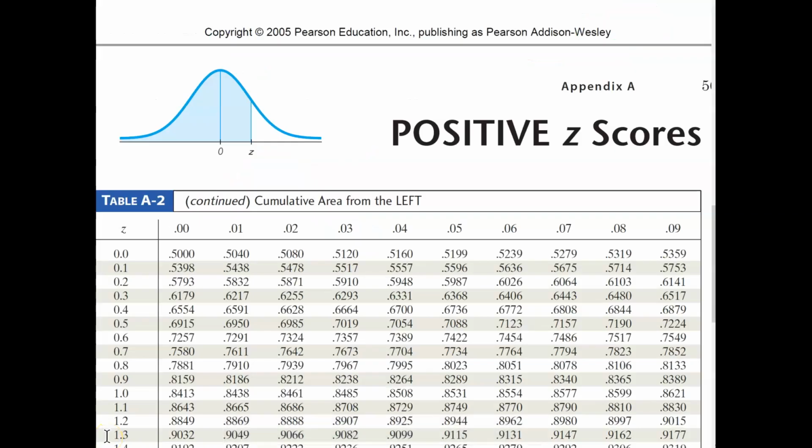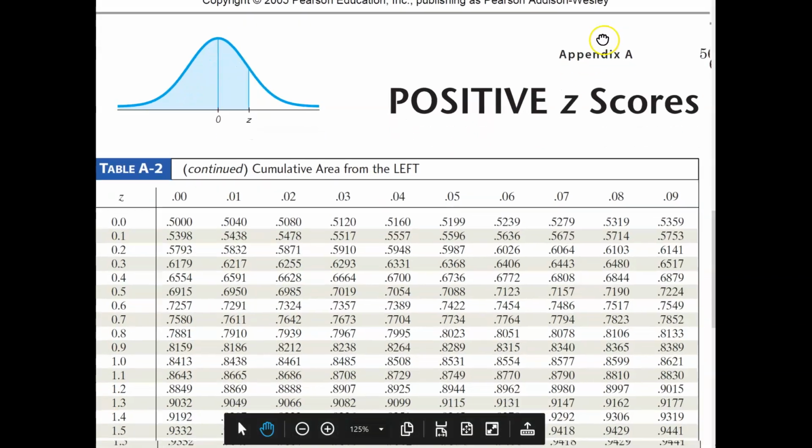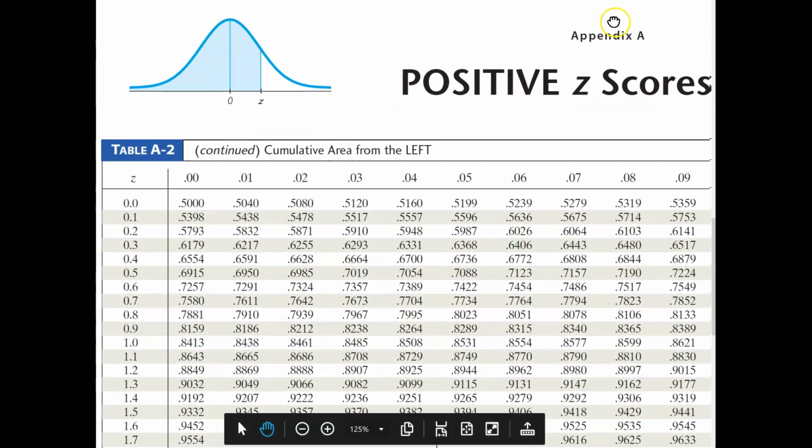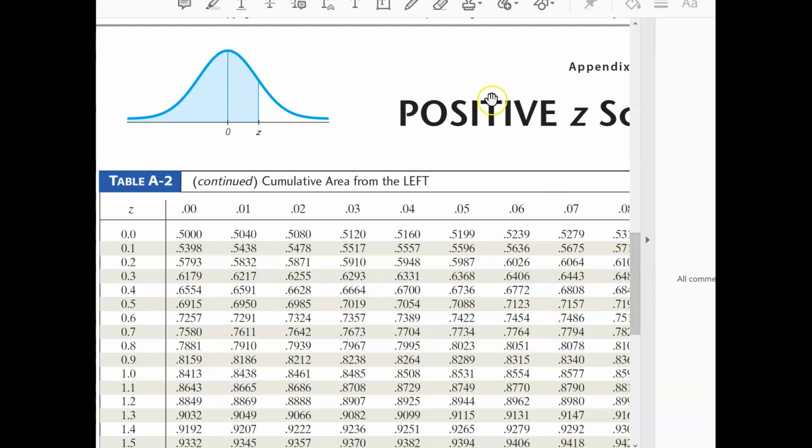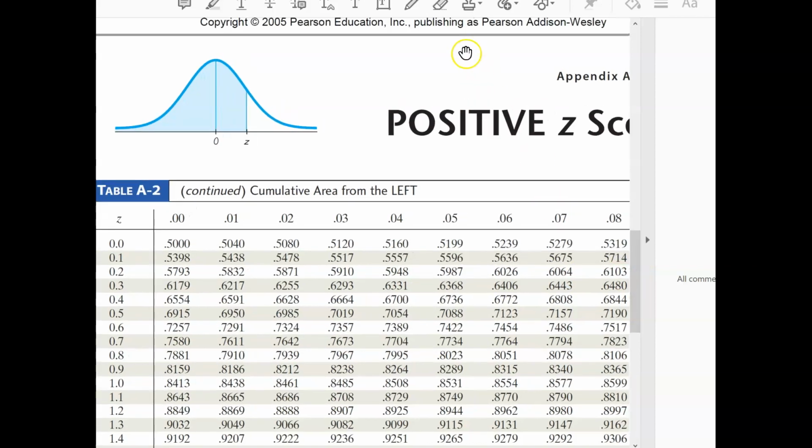Let's first use table A2, the z distribution, and then we will look at how to find the p-values in the graphing calculator. So our z-statistic, remember, was 0.85. Here's our z-score, 0.85, we get to the 5. Here we go: 0.8023.